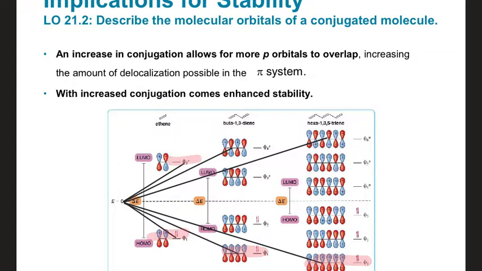All right, so these are what we're looking at. You'll notice that for each of these, all of the orbitals below E equals 0 are filled. So ultimately, hexa-1,3,5-triene has the enhanced stability relative to buta-1,3-diene and relative to ethene.